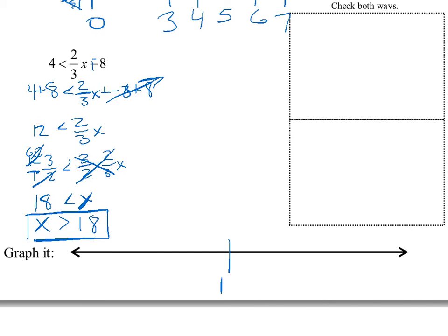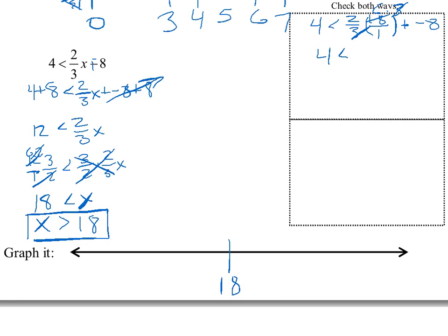It means we think 18 is our starting point, so let's go ahead and check that starting point. As I'm always doing for the first check, I'm taking that original inequality and I'm plugging in my starting point. 2/3 times 18. I can do some quick simplification there.